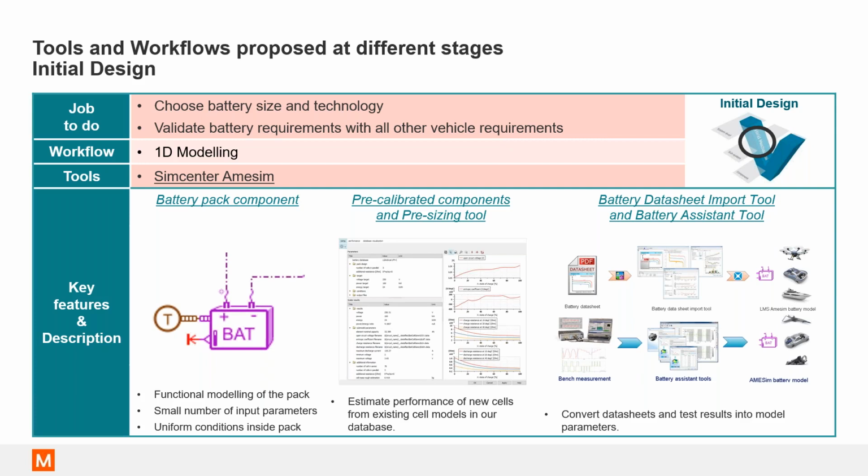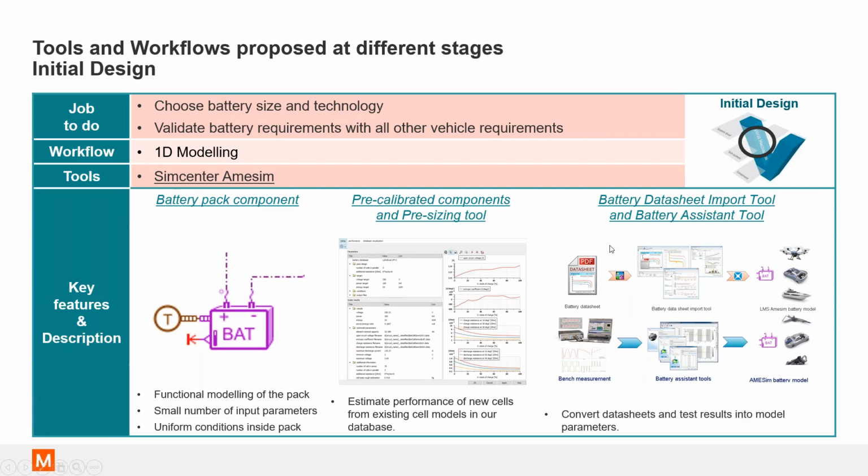So for the initial design, we would start off from the system level spec. And once I have a system level spec, I could choose a battery design and validate battery requirements with other vehicle level requirements. Here, SimCenter AimSim would be more suitable, where you can create a functional model of the pack with a small number of inputs.